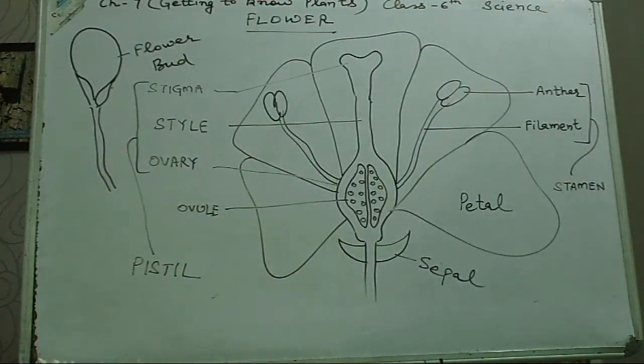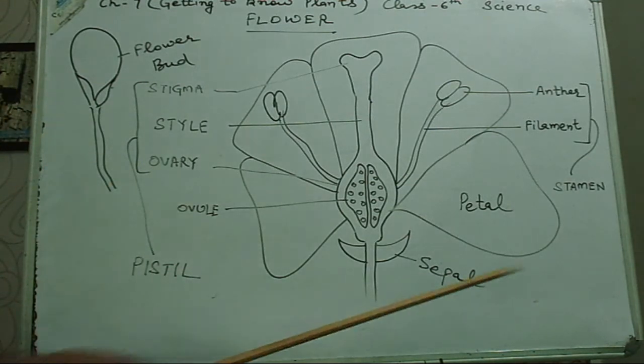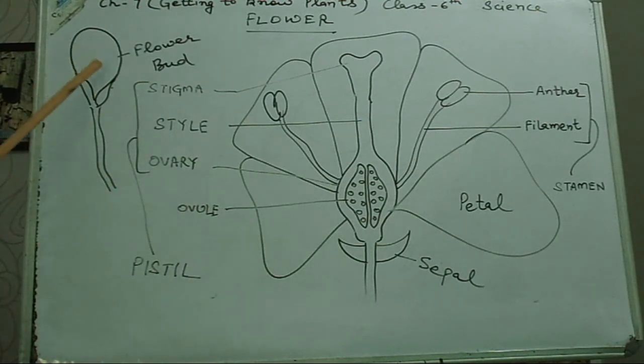So now I am telling you about the next part of the plant that has great importance, that is the flower. The initial structure of the flower is a flower bud that develops on the stem along with many branches near the leaves on the plant.